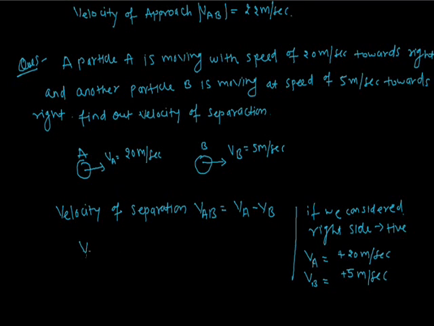So now VAB will be the velocity of A, plus 20 meter per second, minus the velocity of B, that is 5 meter per second. So VAB, that is the velocity of separation, will be 15 meter per second. That is the answer.